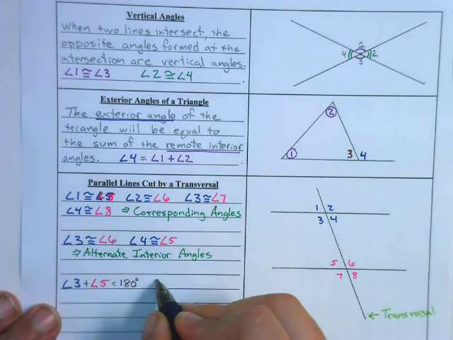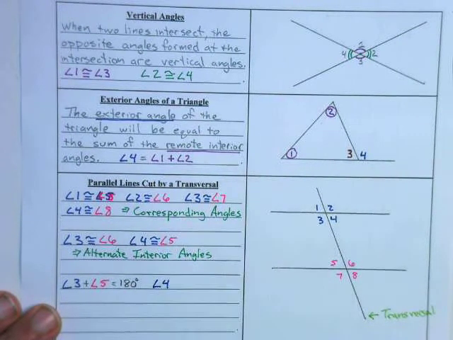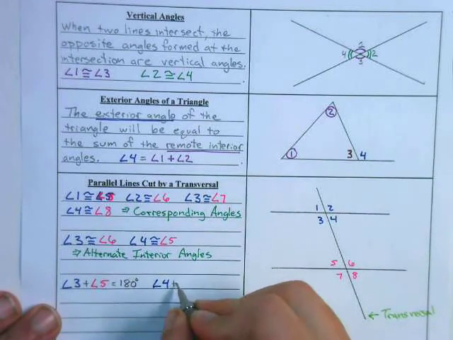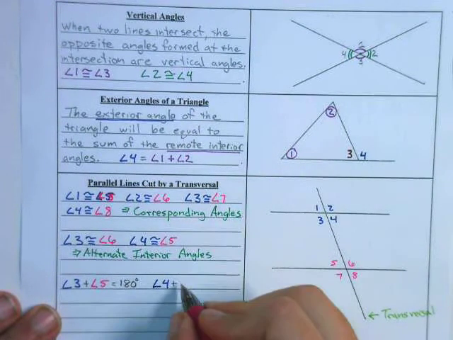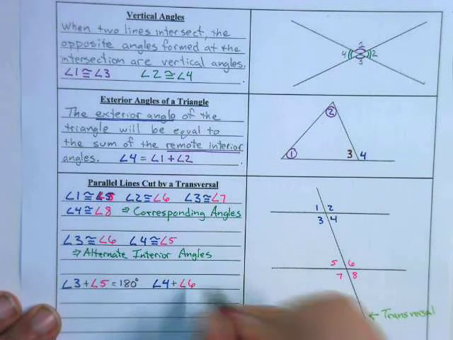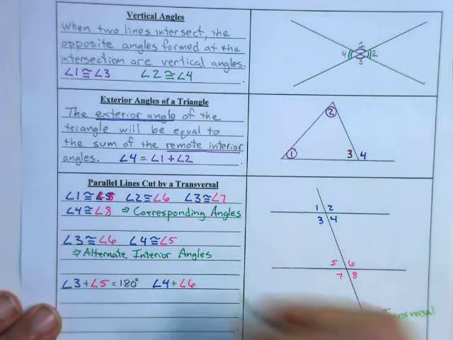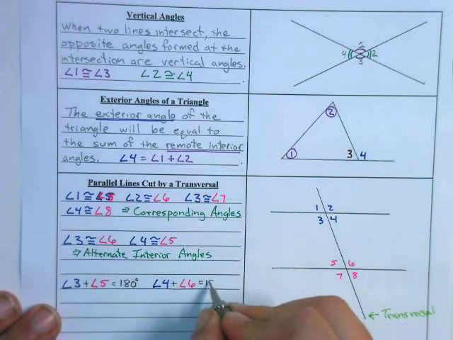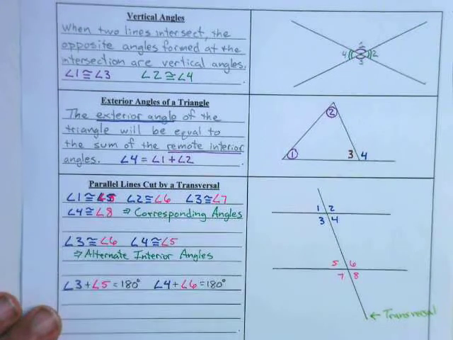Same as if we take angle 4 and add that with angle 6. This will also equal 180 degrees.